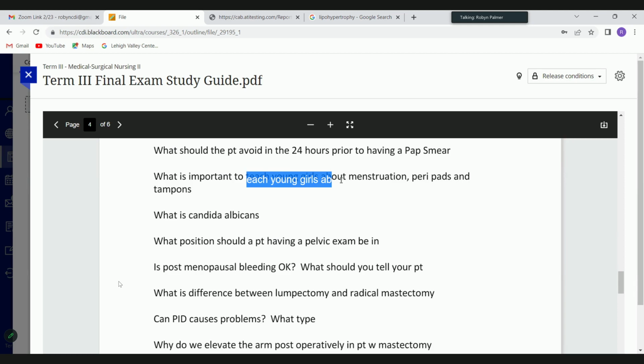When someone has a heavy period, when they first start, they should wear pads, not tampons. Tampons and pads need to be changed every 4 hours to avoid toxic shock syndrome. Toxic shock syndrome is usually caused from a tampon that's been left in too long, and the toxins start to spread throughout the body and get into the person's bloodstream. We'll talk about that next week.